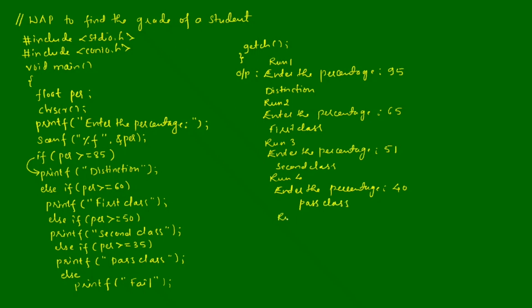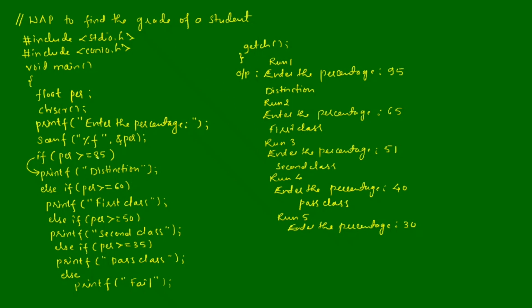Once again, I'm going to run this program. Now I'm going to enter the percentage which is less than 35. For example, I'm going to enter 30. So the first condition is returning false because 30 is not greater than or equal to 85. 30 is not greater than or equal to 60. 30 is not greater than or equal to 50, and 30 is not greater than or equal to 35.